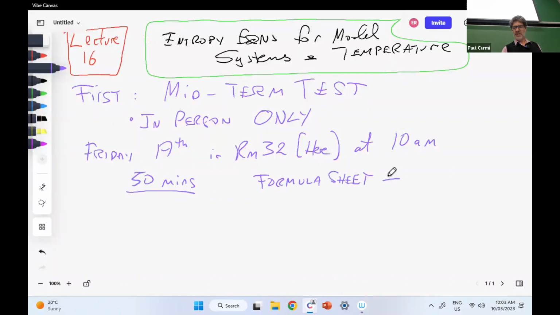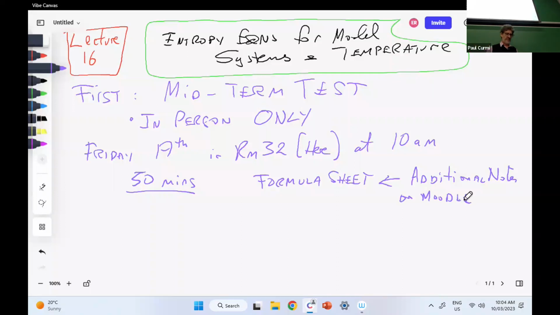The formula sheet is identical to the one that is on additional notes on Moodle. So there's a section of additional notes from me. There's a formula sheet in there which says mid-session test 2020. It's identical to that. I just copied it.